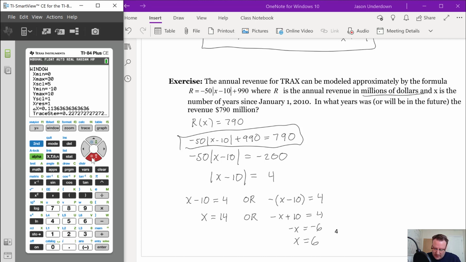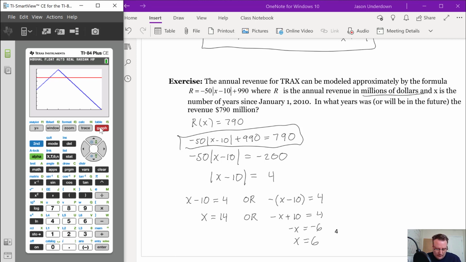I see 990 in the revenue function, so maybe 1,000 for the max. We want 0 for the min, and 1,000 for the max. How far apart should our tick marks be? Maybe every 100. Okay, and let's graph that.